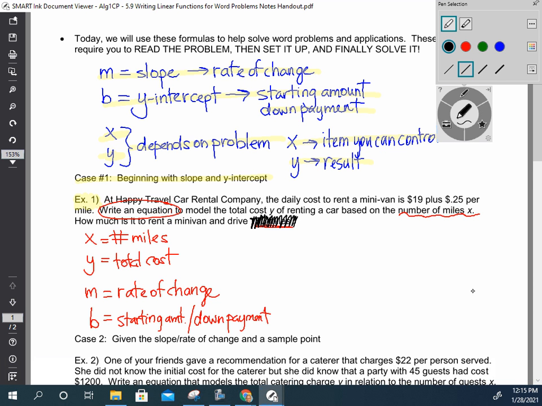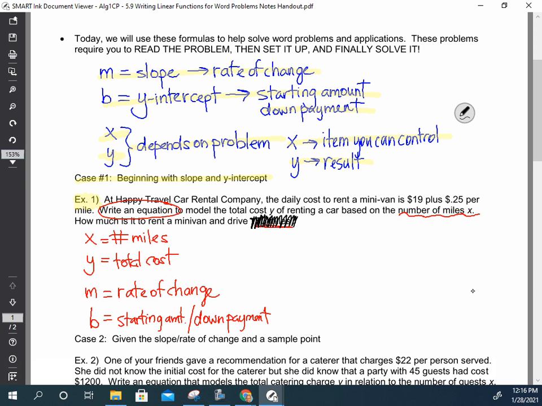If the 150 isn't there, do we know how many miles we went? No. Simple question, either yes or no. So we don't know the number of miles.